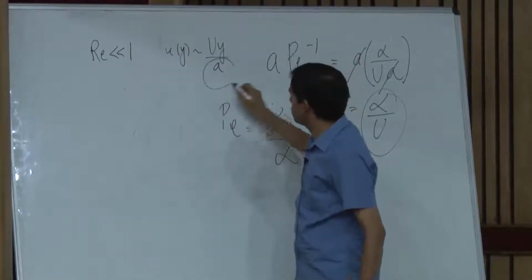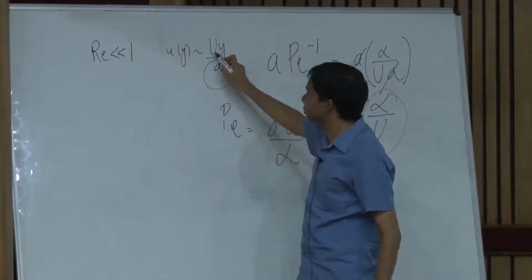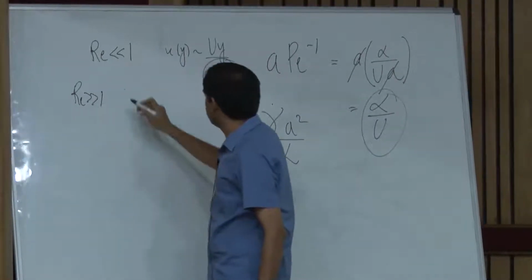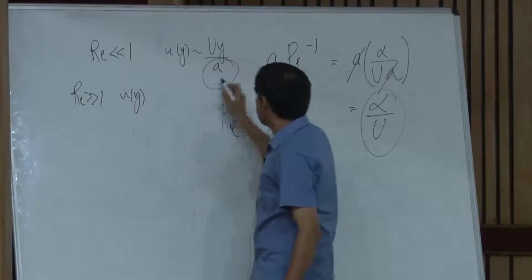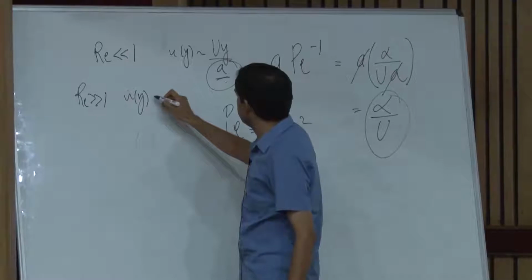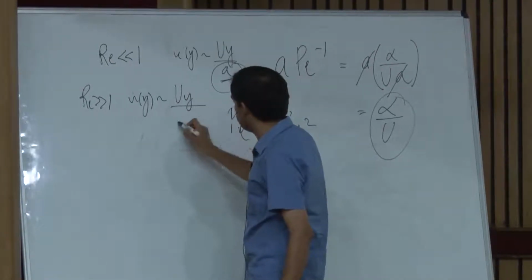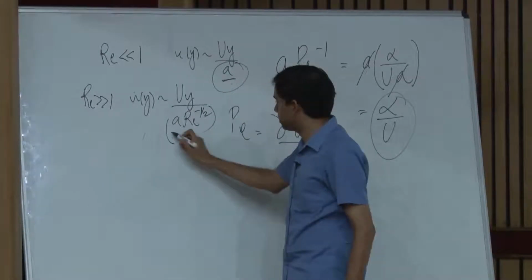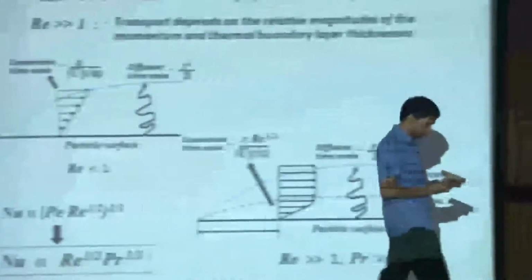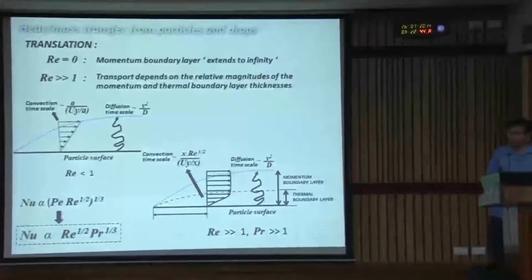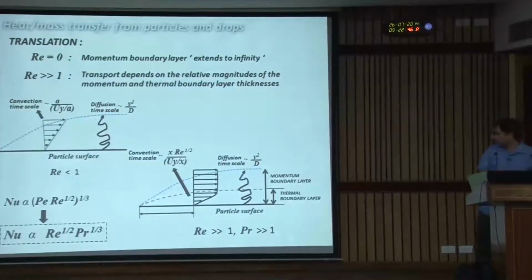So this was the distance of rise from 0 to capital U. But when Reynolds is much greater than 1, then it must rise not in this distance, but in a distance of order the boundary layer thickness. And therefore it must go as uy by a Reynolds to the minus half. Remember, that's the momentum boundary layer thickness. So if we use that instead of the original shear flow, we get our modified convection time scale for large Reynolds.